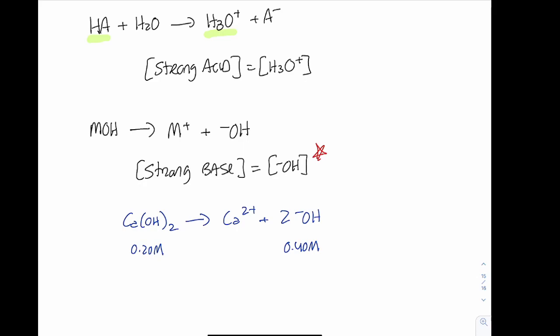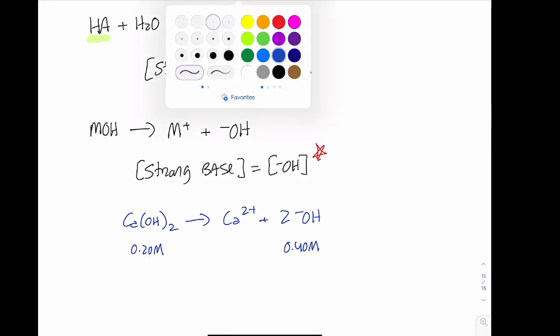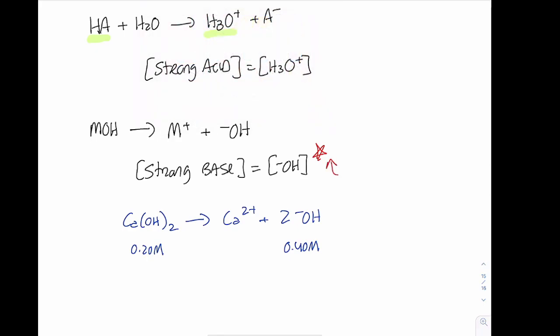So the strong base concentration doesn't necessarily equal the hydroxide ion concentration if you have more than one hydroxide ion per metal ion. So watch out for this big red star. Only when it's 1 metal per 1 hydroxide.